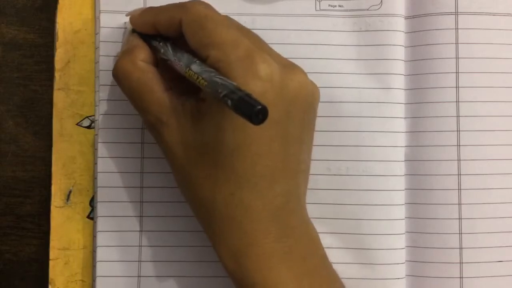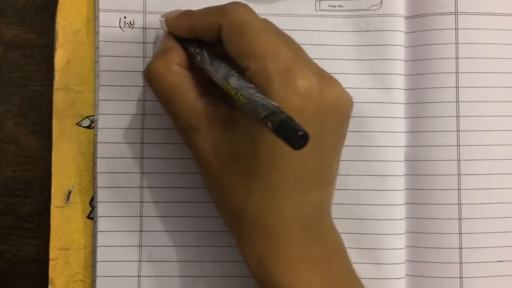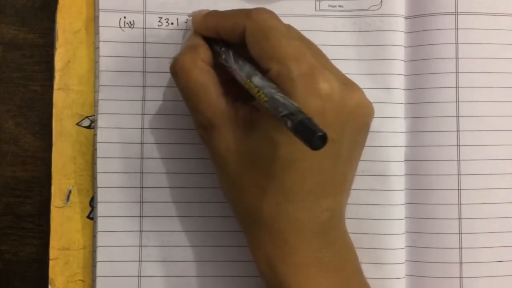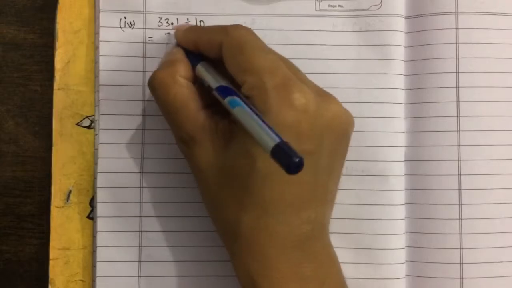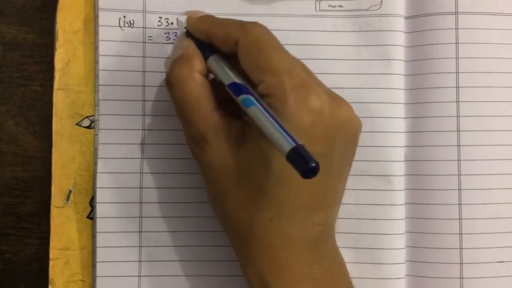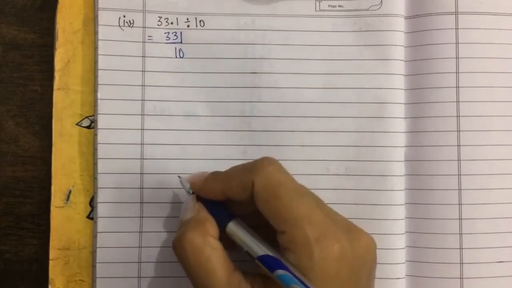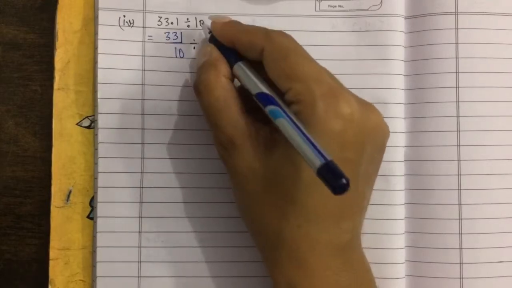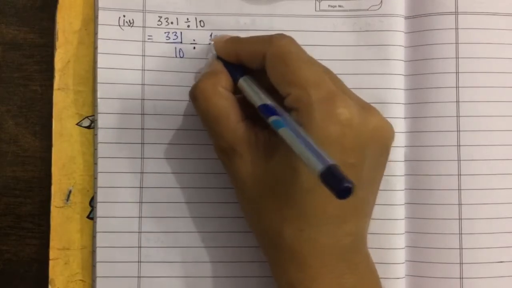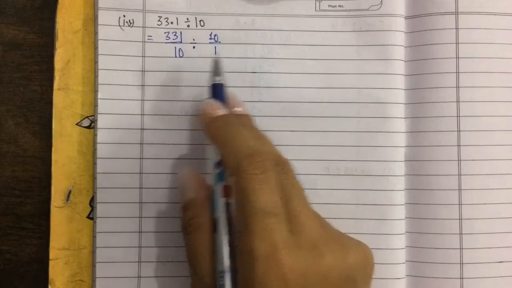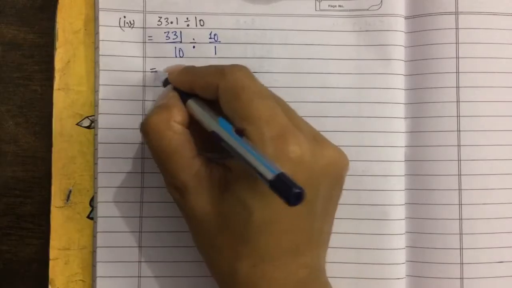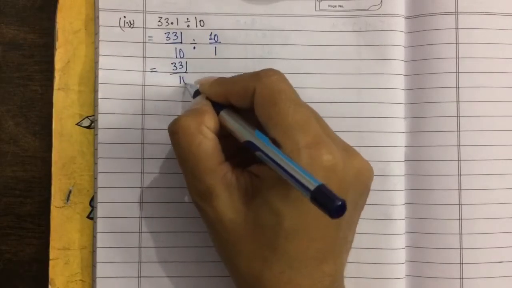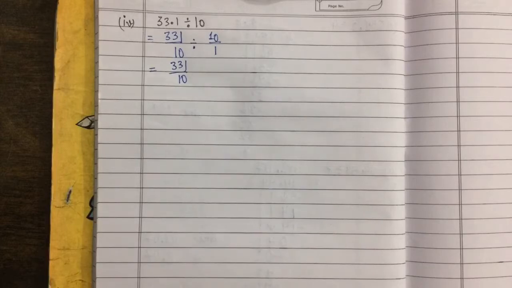Question number 2, fourth part, 33.1 divided by 10. Let us do one part with the second method, which uses fractions. So 33.1 will be 331 by 10, divided by 10. This 10 can be written as 10 over 1. Now both values are written as fractions. Carry out the division like division of fractions.